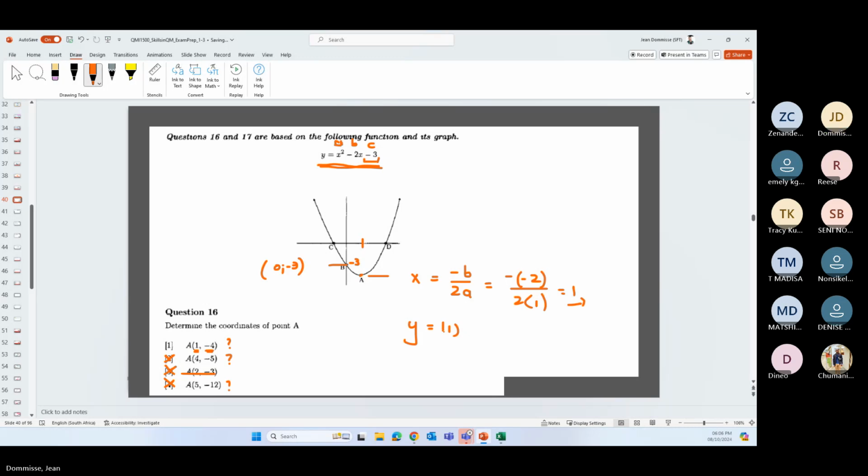So if x is 1, what is the value of y? That is 1 to the power of 2 is 1, minus 2 times 1 is minus 2, minus 3, so we get that the y value is minus 4. Okay, so that is how we got to option 1.